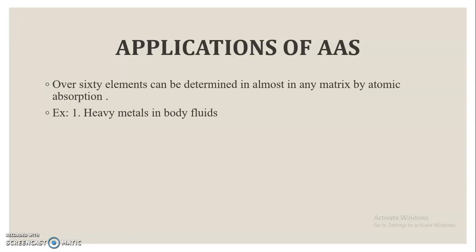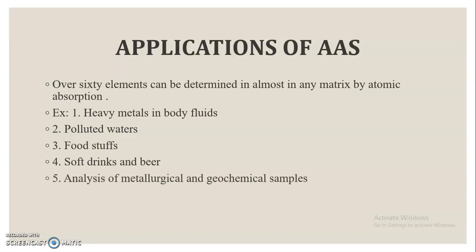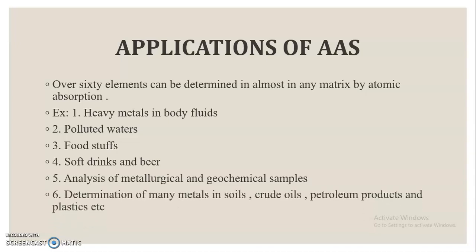For example, heavy metals present in body fluids, polluted waters, different foodstuffs, soft drinks and beer, analysis of metallurgical as well as geochemical samples, and determination of many metals in soils, crude oils, petroleum products and plastics. This can be done by using atomic absorption spectroscopy. So these are the various applications of atomic absorption spectroscopy.